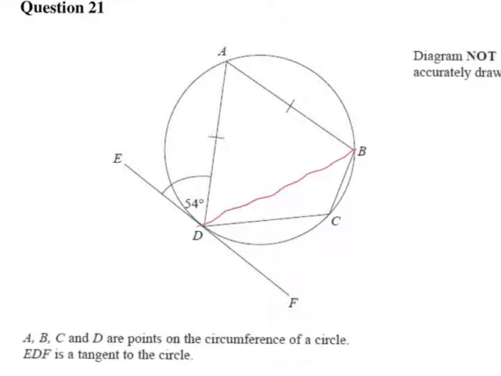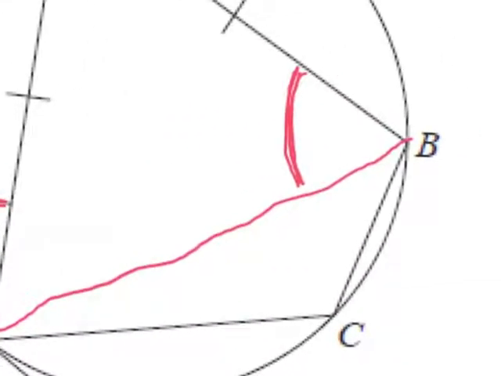Now the rule is the angle between a chord and a tangent is equal to the angle in the alternate segment. So what we mean is this one here. This is the angle between the chord and the tangent, and then the alternate segment will be this angle here. So basically those two angles are the same, so I'm just going to write that in as being 54 as well.